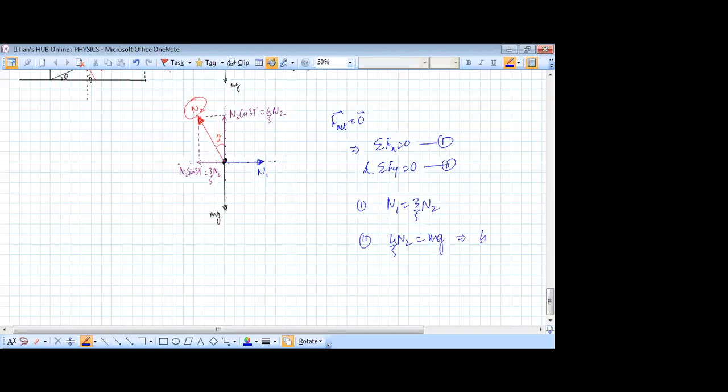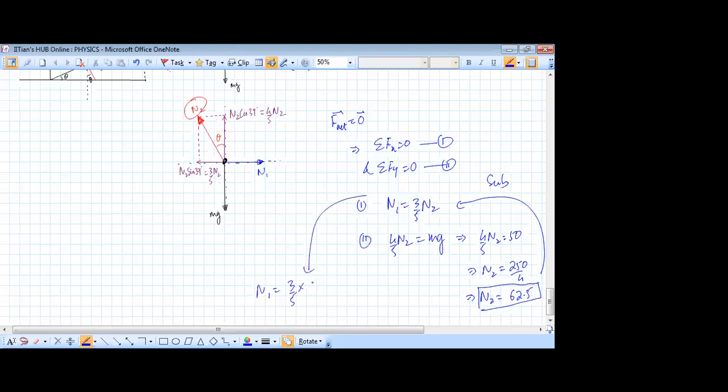So this tells me that 4 by 5 N2 is equal to 50, or N2 should be equal to 250 by 4, or N2 should be equal to 62.5 newtons. And then substitute that back over here. So that tells me that N1 should be equal to 3 by 5 into N2, which is 3 by 5 into 250 by 4, so that's 150 by 4.